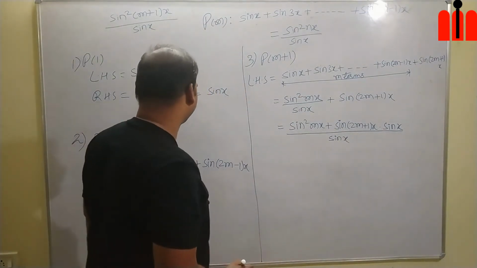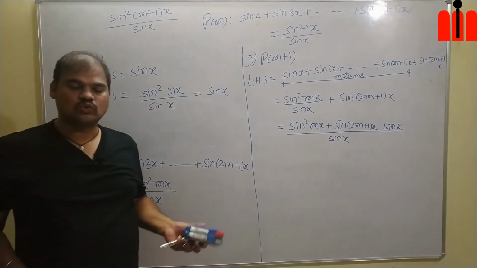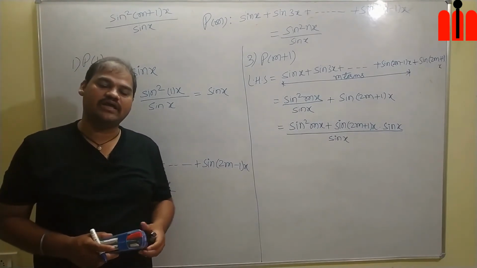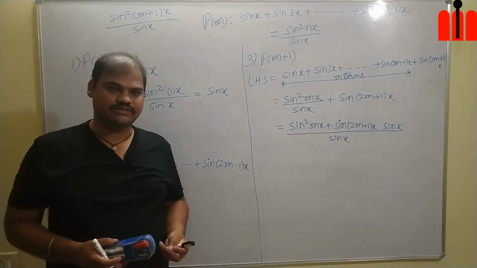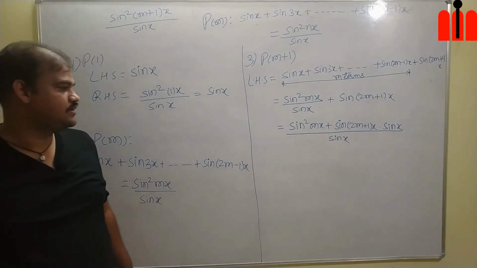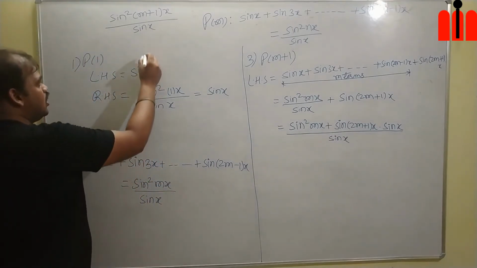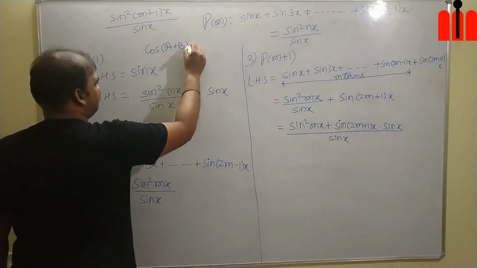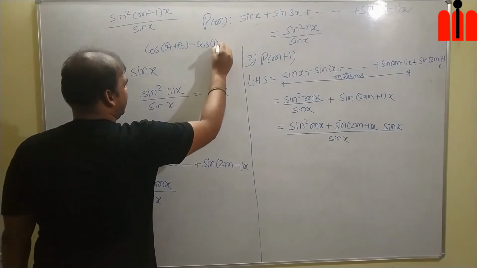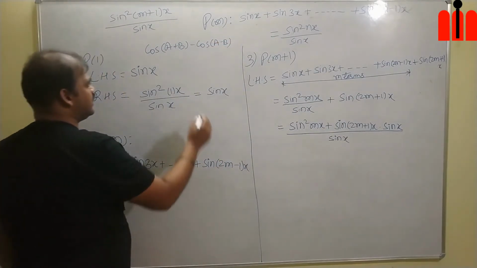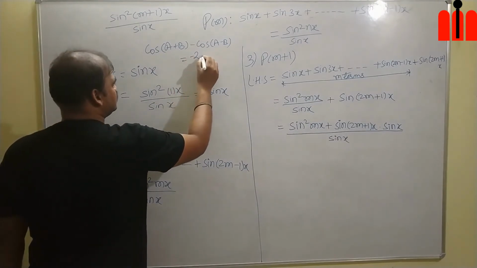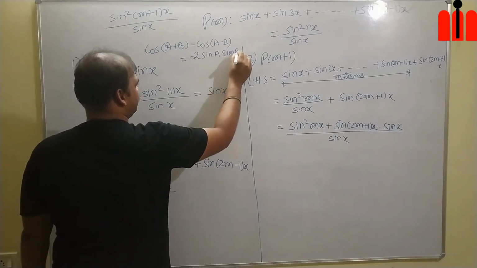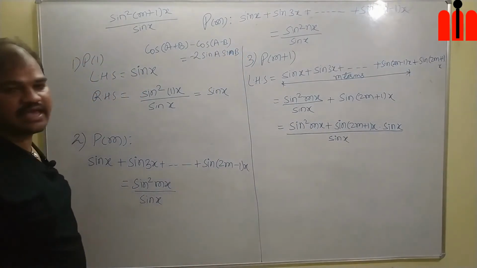Now please go through my trigonometric identities classes, where I had shown the identities. One identity is cos of (a plus b) minus cos of (a minus b) is equal to minus 2 sine a sine b.